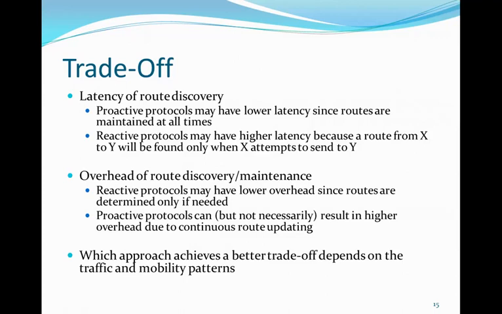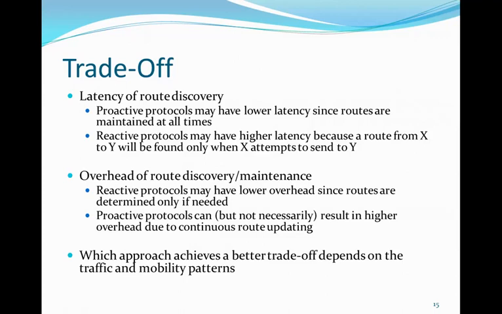Therefore, they are continuously looking at the neighborhood. If there is any change, then they update their routing table. If they don't do that, then they will have the stale cache problem, in which they have outdated information, which may be dangerous sometimes for the destination and source node.